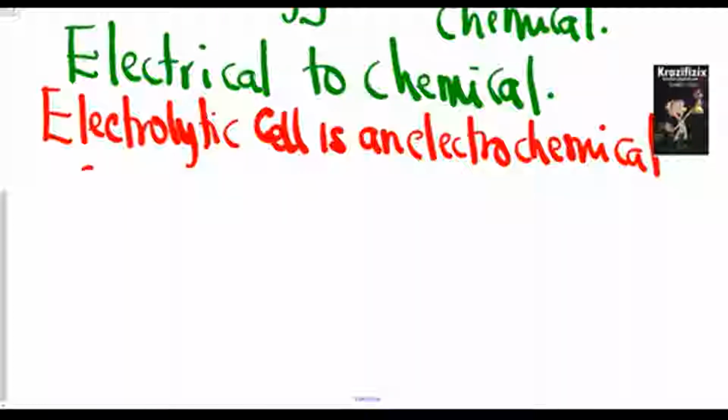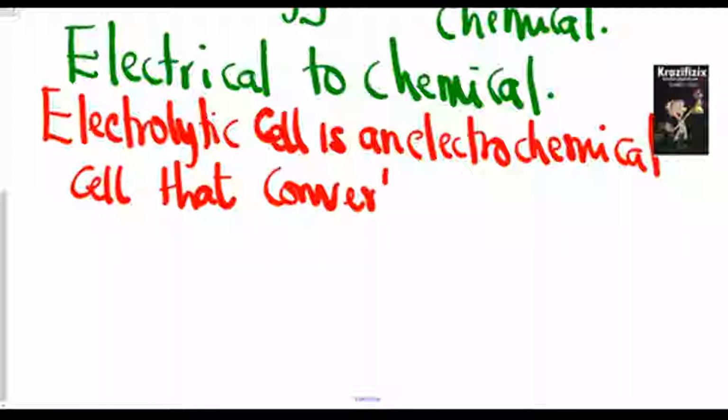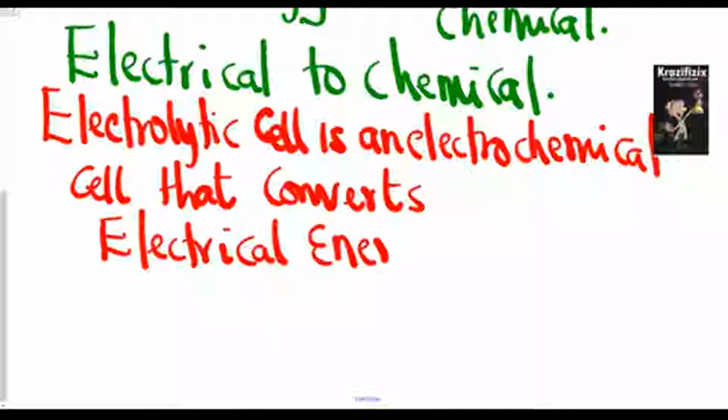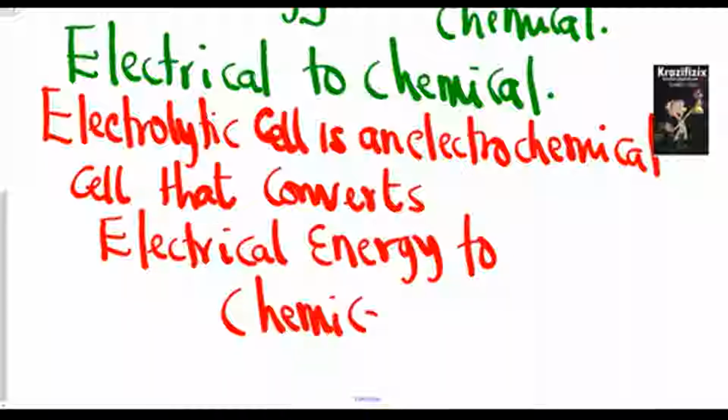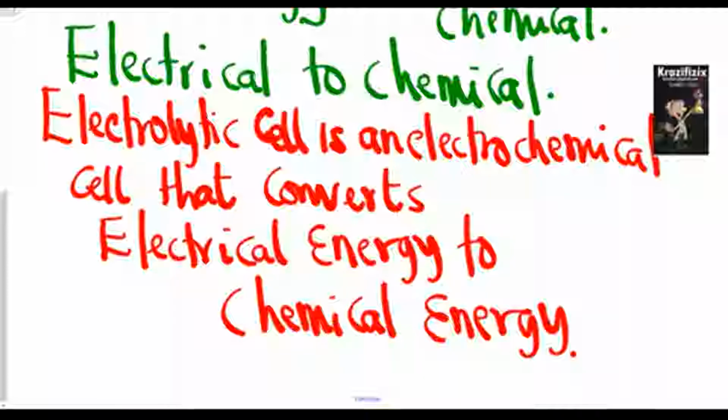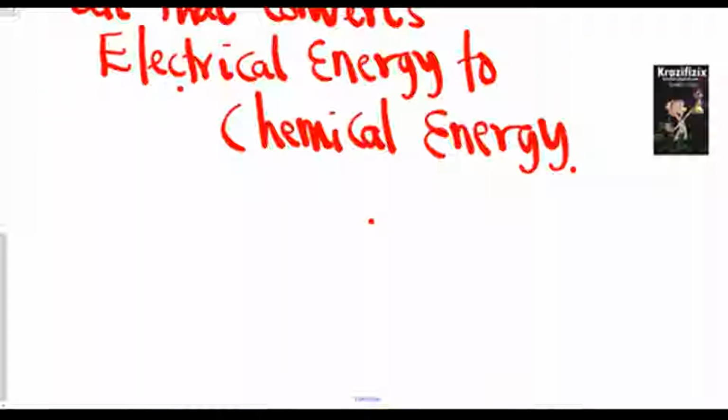All right, an electrochemical cell that converts electrical energy to chemical energy. So we're converting electrical energy, and this should automatically tell us something here. Since we are using electrical energy, we therefore need a power supply.